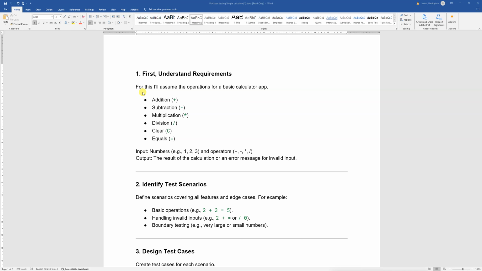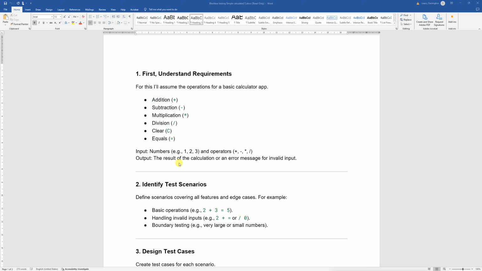You pretend you're an analyst: this is a calculator, this is what I expect. That's what I see you did here. You define a requirement even before you start testing: this is what I'm expecting this software to be able to do. It should have basic addition, subtraction, multiplication, and all of that.